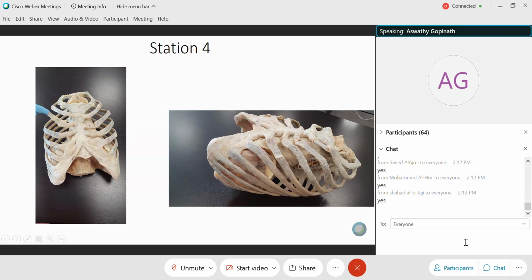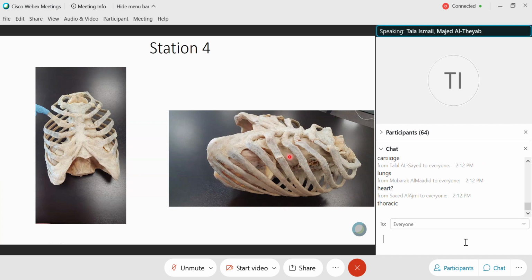Now, can you see a white structure in the midline? What is that? No, the white thing, let me take my pointer. Practically this region. Is it the vertebral column, the spine, the thoracic cavity? Is it in the midline?